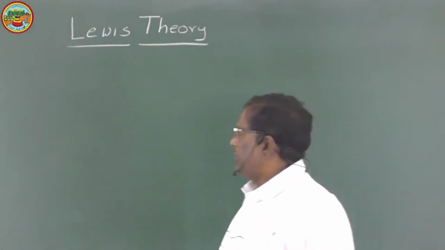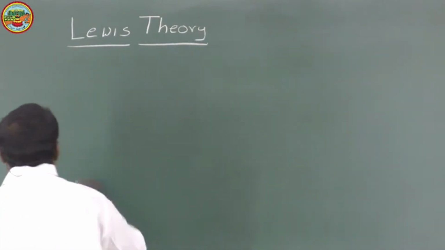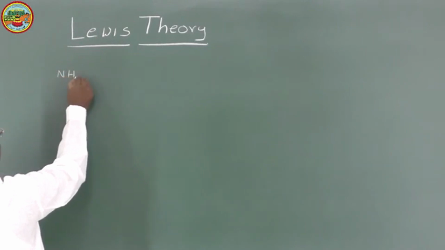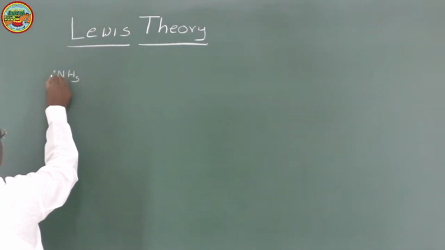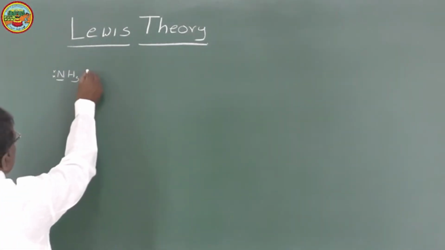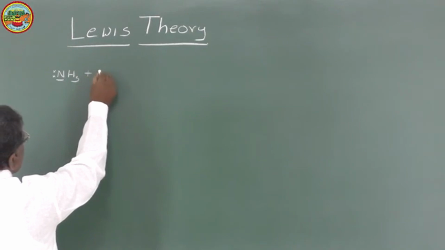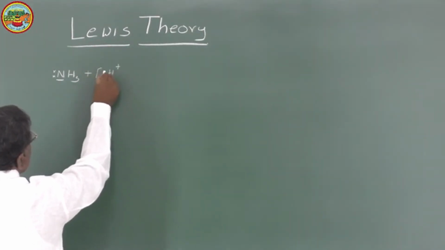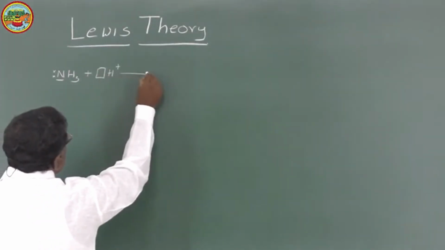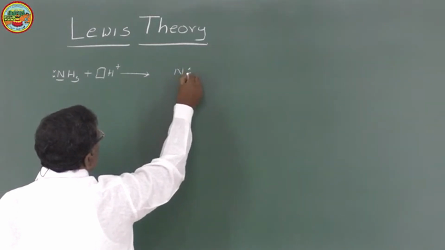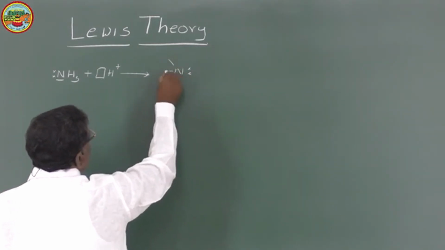For example, if we take NH3, ammonia. In this NH3, the central atom is nitrogen. In the valency shell of nitrogen we have a pair of electrons. Here we have a proton which has an empty orbital. Now when these two are in contact with each other, nitrogen can donate a pair of electrons.